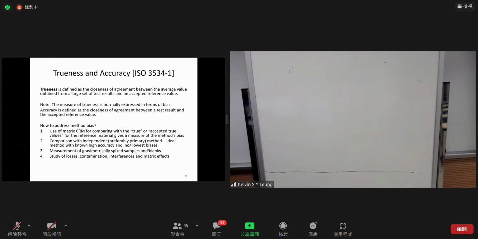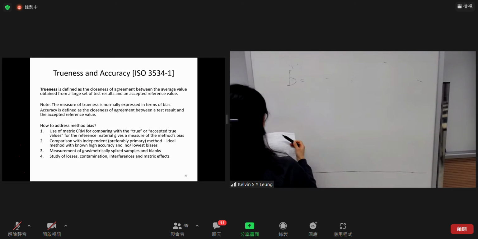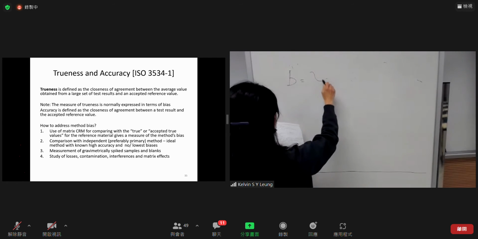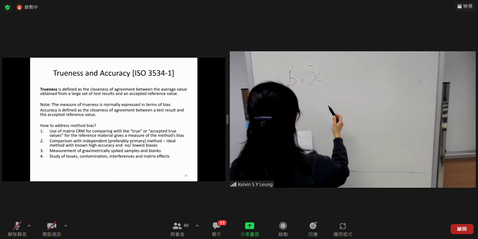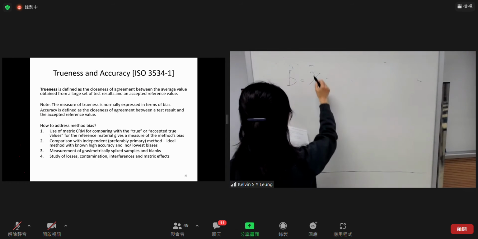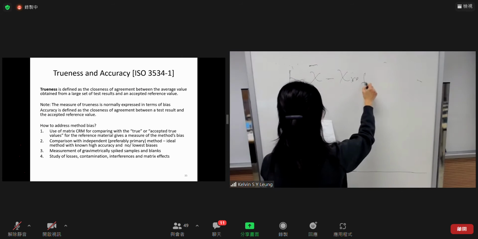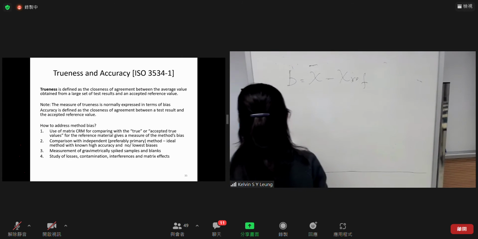And the bias, this is the bias. So the bias is the mean value of the spiked samples minus the reference value.